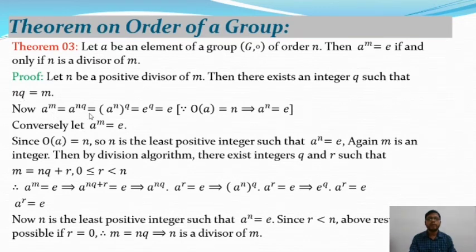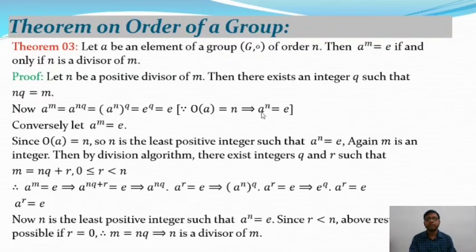Now applying the integral power of an element of a group, a to the power nq can be written as a to the power n, whole to the power q. You know that the order of an element a in a group (G, ∘) is equal to n. It is given.